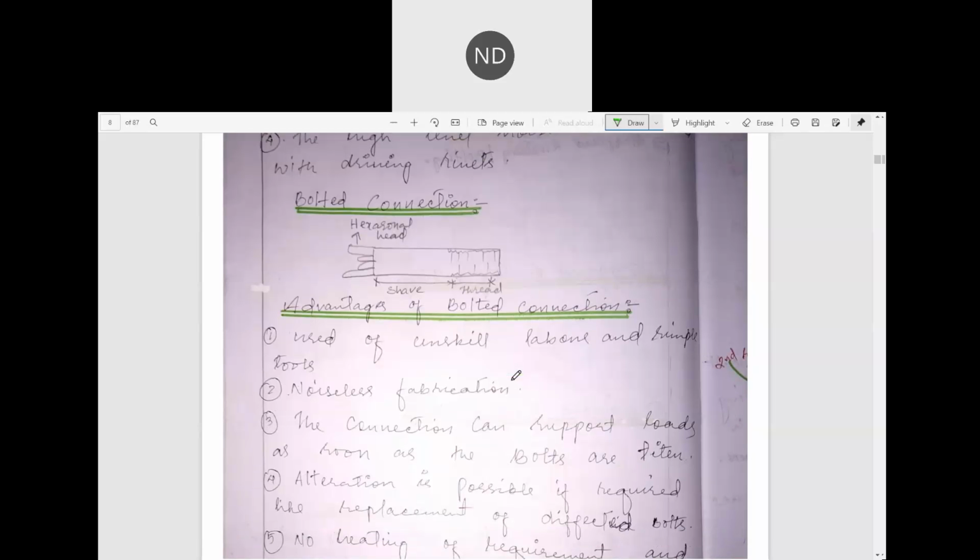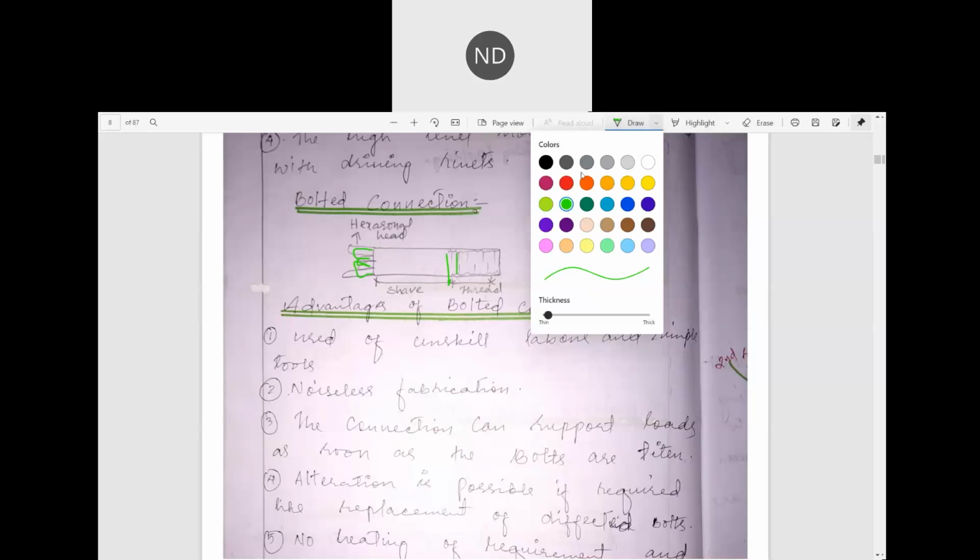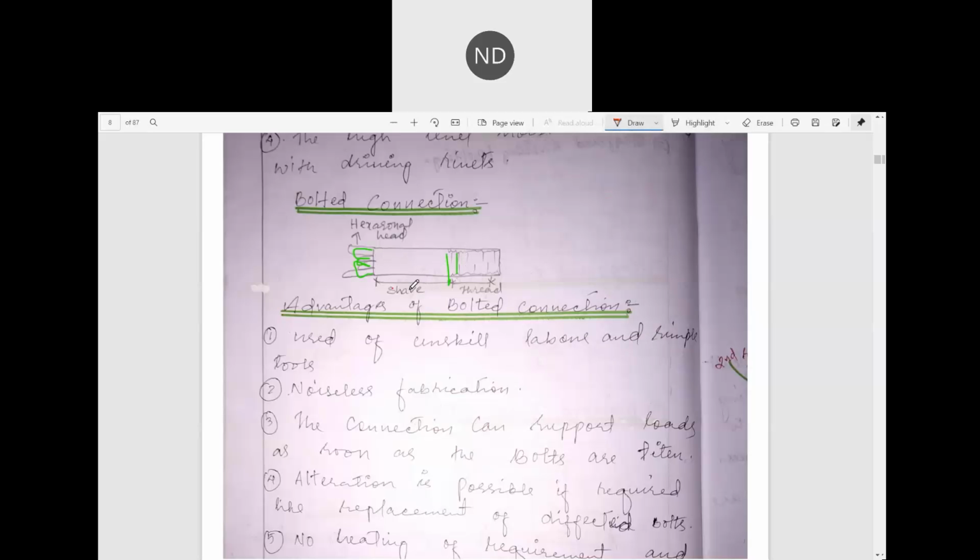So what is a bolted connection? This is your bolt. This diagram is very bad. This is your hexagonal bolt. Here these threads are there. The plain portion is called your shank. This is written wrong here; this is shank, S-H-A-N-K.